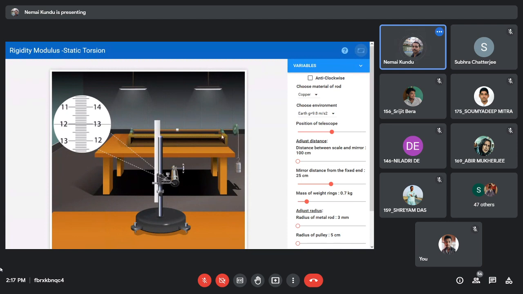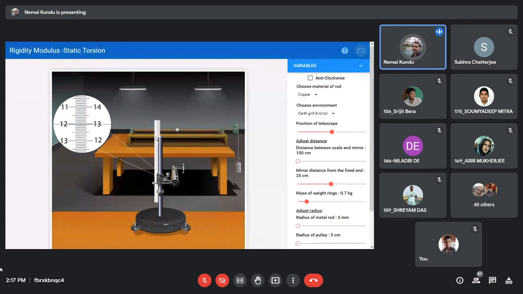And this one is your free end. At the free end the load is applied, and when the load is applied, the angle of twist occurs in that experimental rod. Now when the rod is twisted, the mirror is also rotated, so the reflected image also changes.